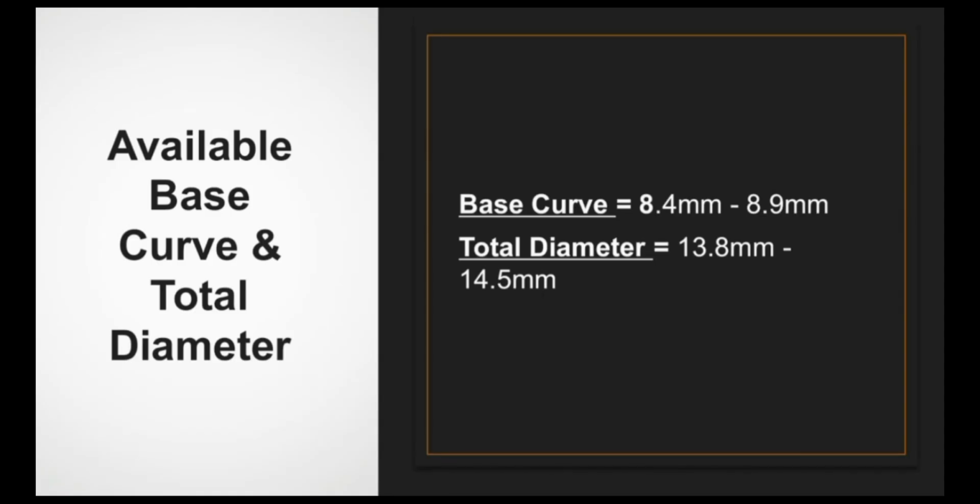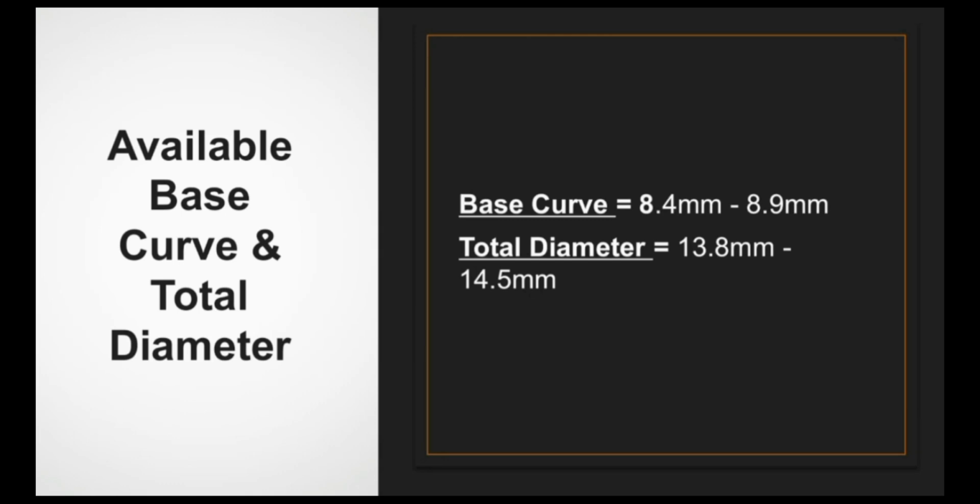And what are the available base curves and total diameters? Base curves are available from 8.4 millimeter to 8.9 millimeter in soft contact lenses, and total diameters are available from 13.8 millimeters to 14.5 millimeters.